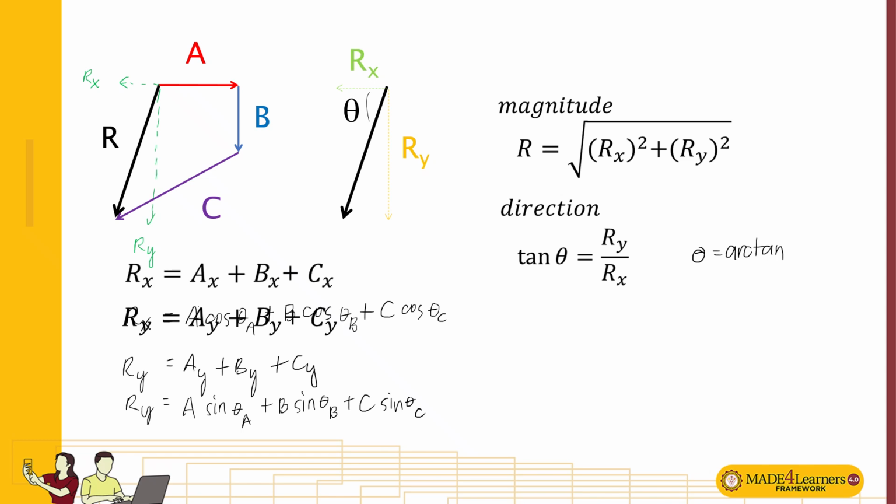So para di ma-confused sa angle nga makuha, by the way, mo negative if either y or x component is negative, kay mag-confuse ka asa man ni na quadrant siya belong, second quadrant or fourth quadrant.